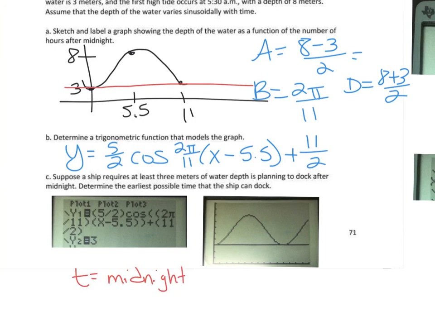But if it wants to be after, let's find this time over here, which will be 11 a.m. That's the next time we're at our minimum. You could do second trace, intersect, arrow to the spot, hit enter 3 times. This is considered 12 a.m. And you are done your homework. Good job.